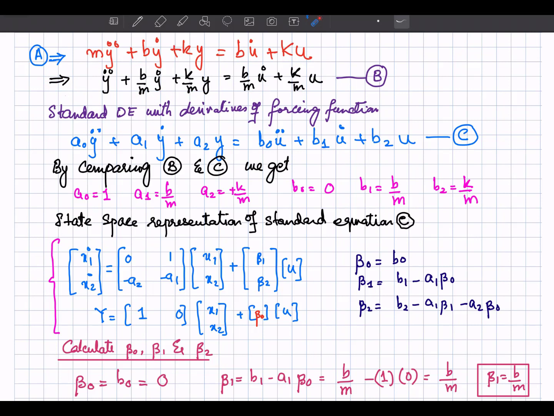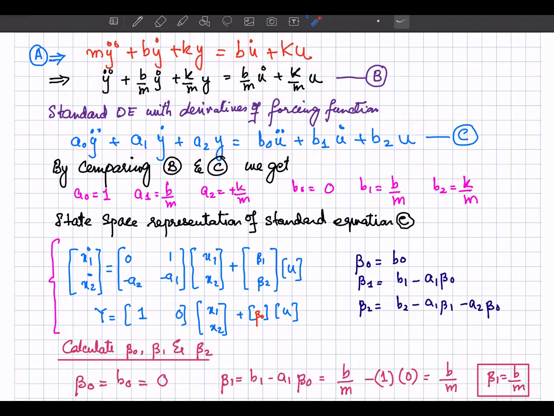In the previous videos we have also discussed the standard differential equation with the derivatives of the forcing function, given like this. For this differential equation, we have seen how we can write down the state space equations. So I am going to compare this equation with the standard equation.